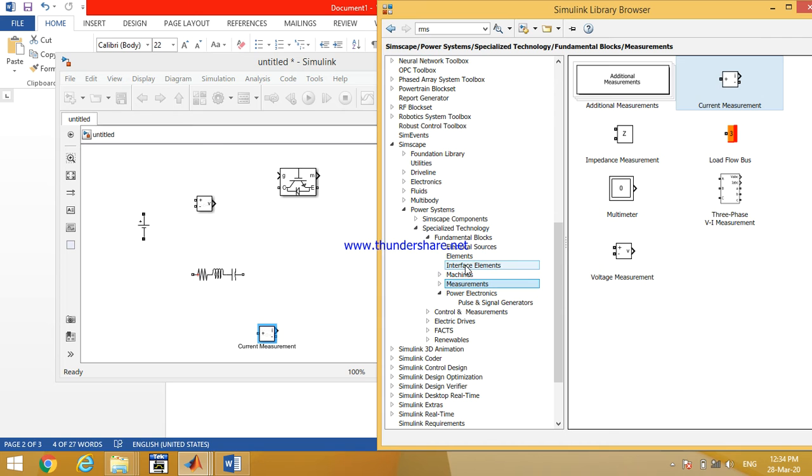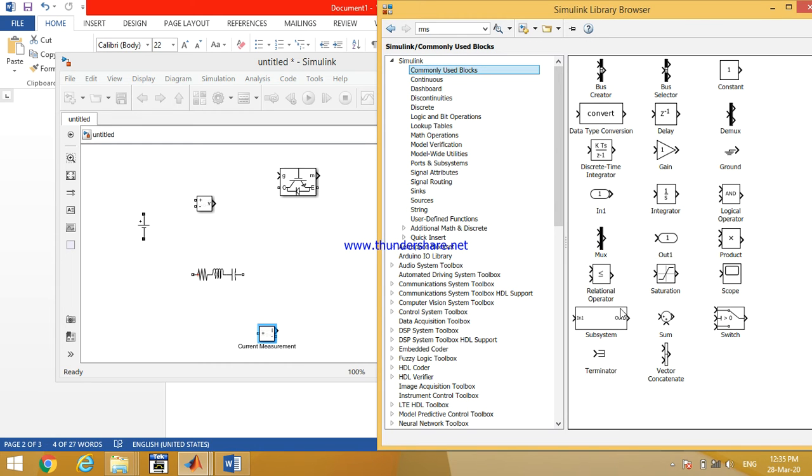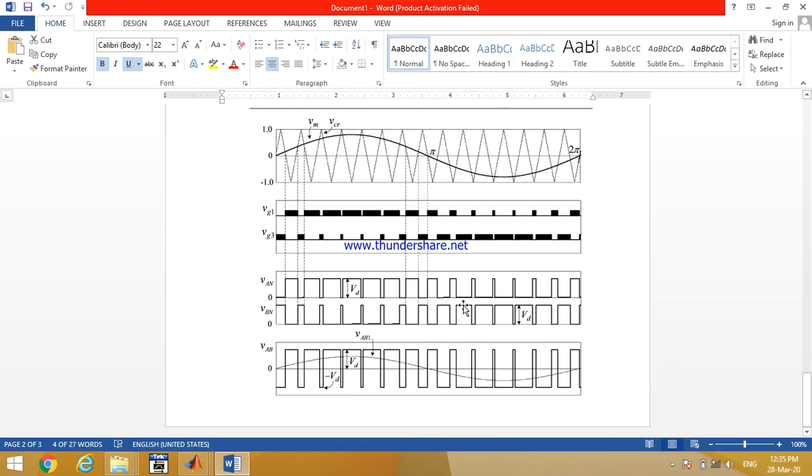Now we require to make the gate pulses, right? To make the gate pulses, as an example, we are first plotting the bipolar modulation technique, so we require one sine and one triangle wave.